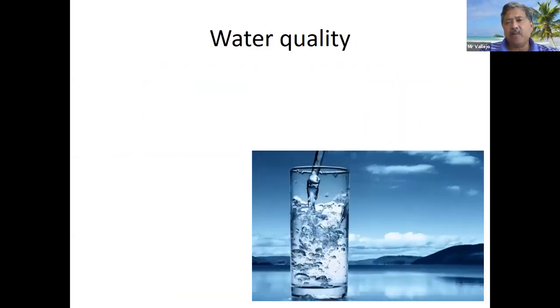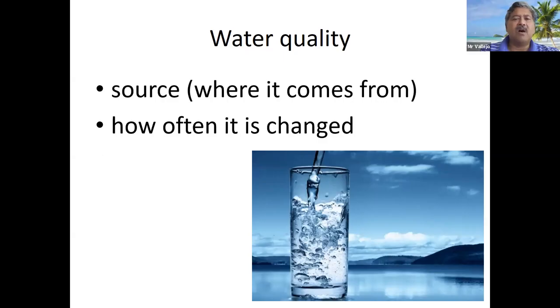So that's a little bit about waste product, but when we take a look at water quality in your fish tank, you've got to know where your water comes from and how often you have to do some kind of regular maintenance where you change your water. But how much water? This is how people who have fish tanks at home will usually kill their fish. So let's be careful with that.